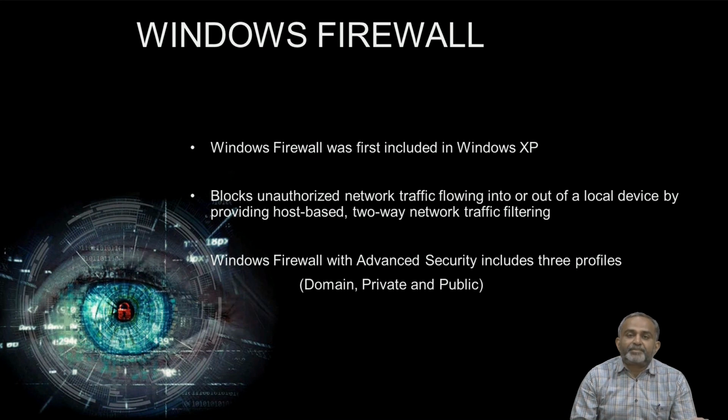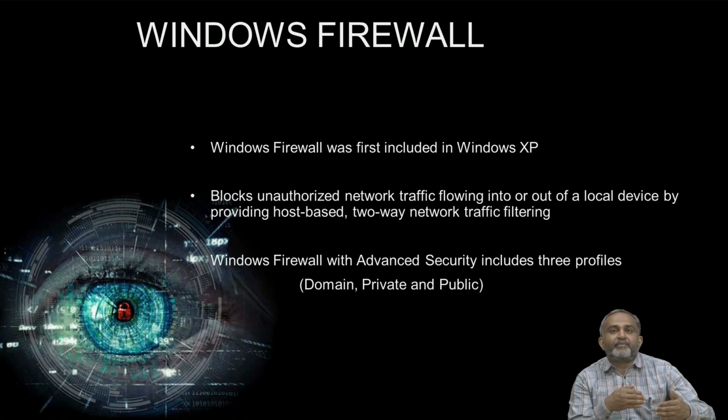But after Windows XP, Microsoft Corporation provided an inbuilt firewall, and the main concept of the Windows firewall is to block unauthorized network flow into and out of the local device, by providing host based protection from the outside of the network.